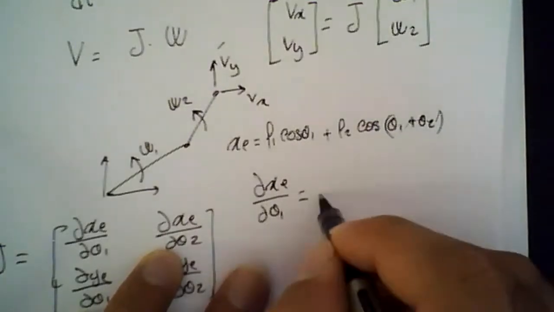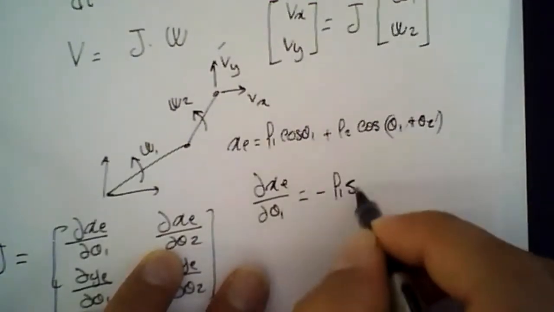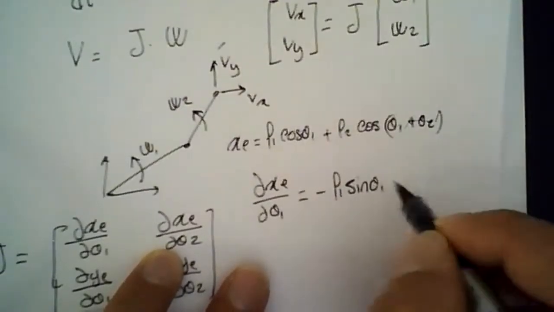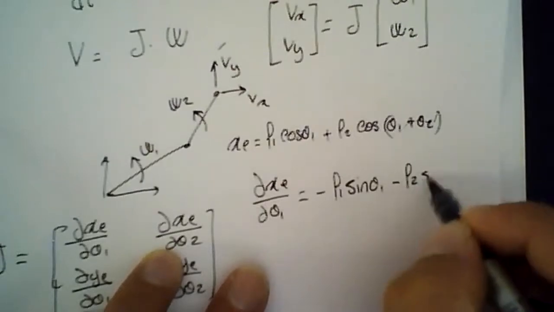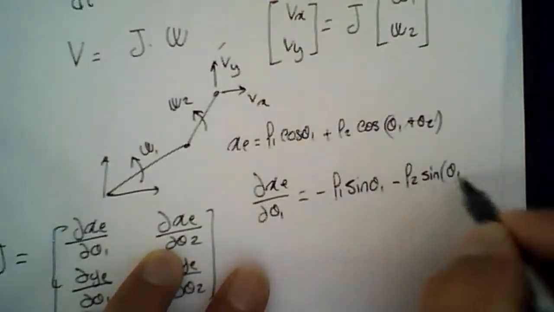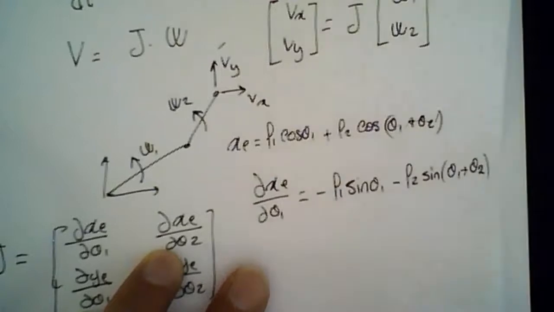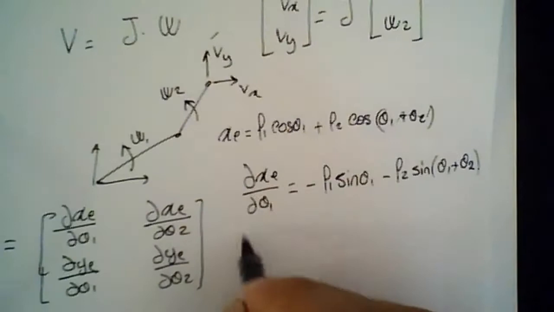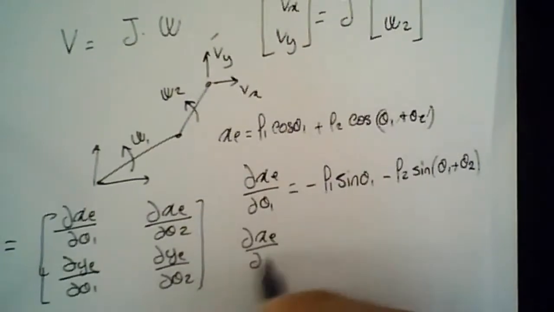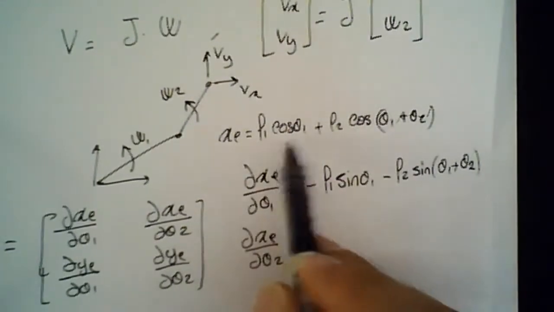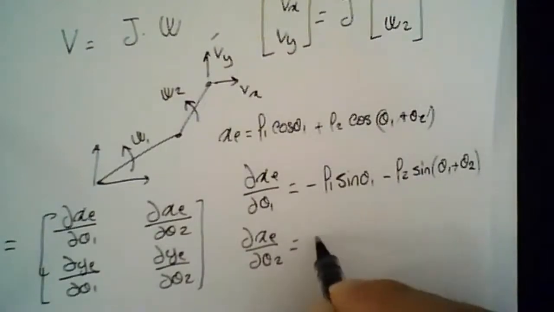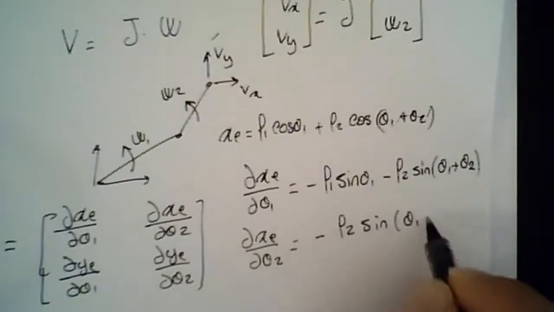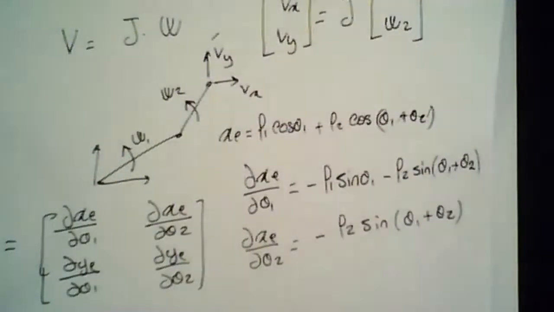So this is going to be minus L1 sine theta 1, and then minus L2 sine of theta 1 plus theta 2, right? How about dxe d theta 2? Well, this is going to be minus L2 sine of theta 1 plus theta 2.